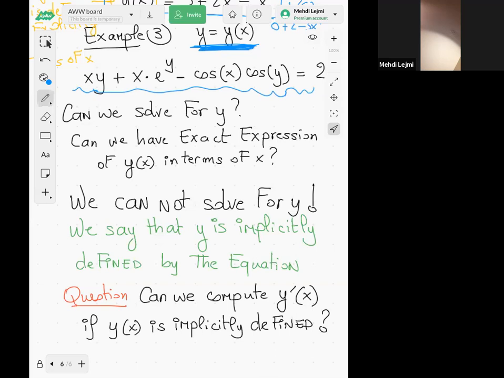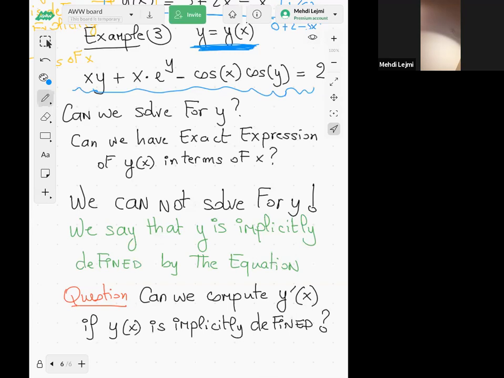Does this make sense to you guys? Does the question make sense to you? So the question is, can we compute this derivative if y is implicitly defined?